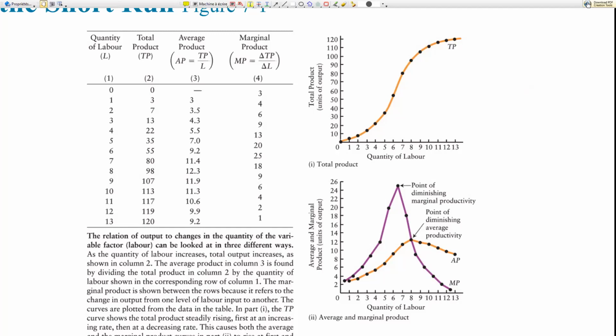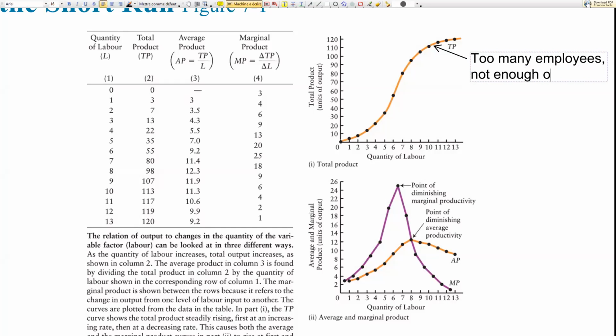Could one reason for why it becomes slow again be that they're just getting in each other's way since there's not enough utilities? Yes, exactly. So here we can say: too many employees, not enough other equipment.